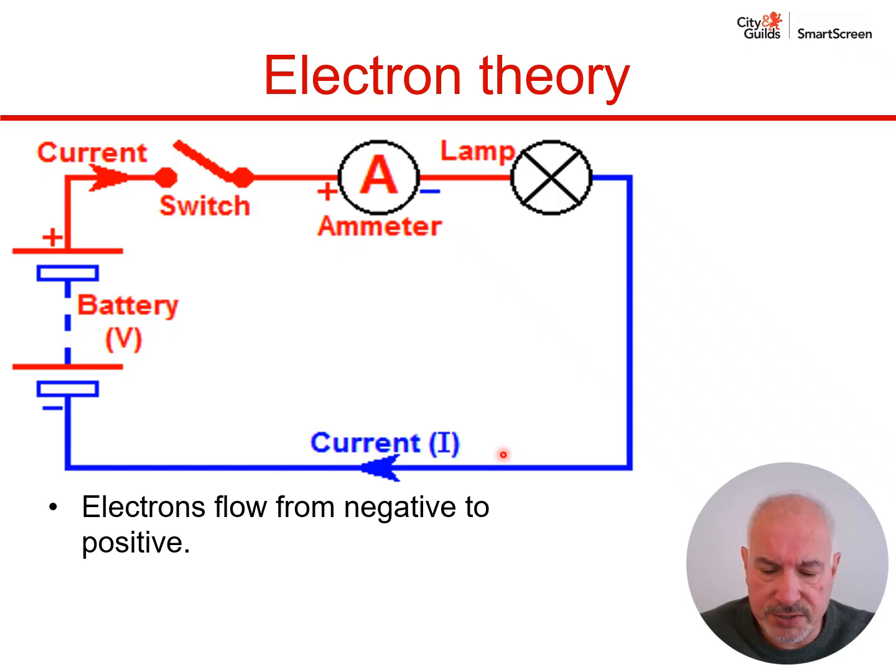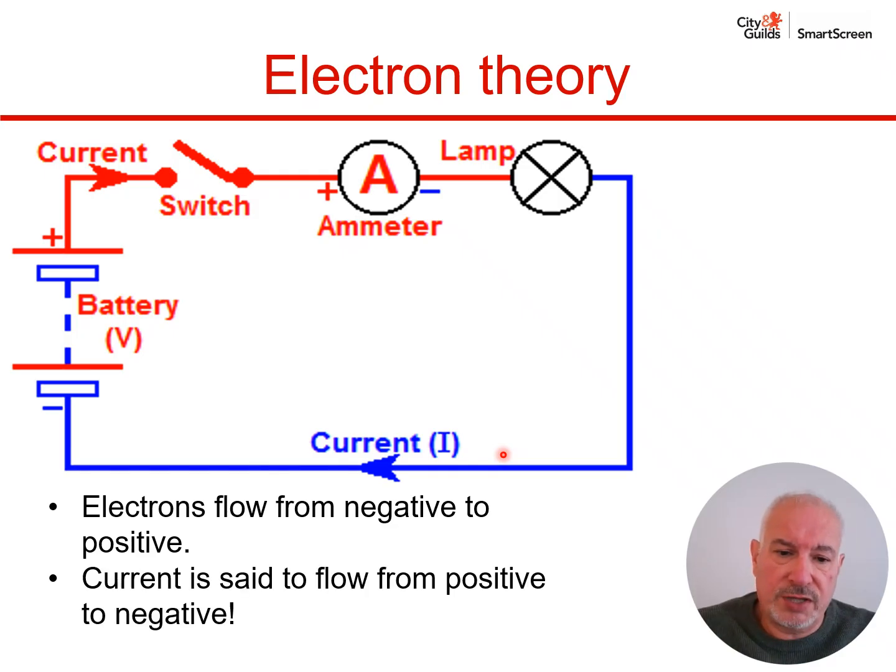And the scientists understood that electrical charge was being carried around the circuit in order to light the lamp. And it was assumed, it was just a guess really, that the current was flowing from the positive terminal to the negative terminal of the battery. And so it is said that the current flow is from positive to negative.